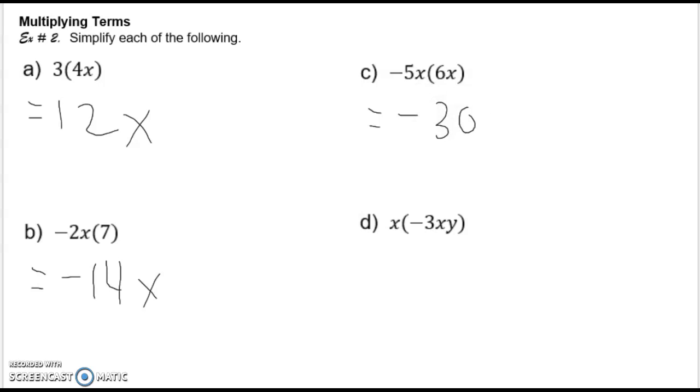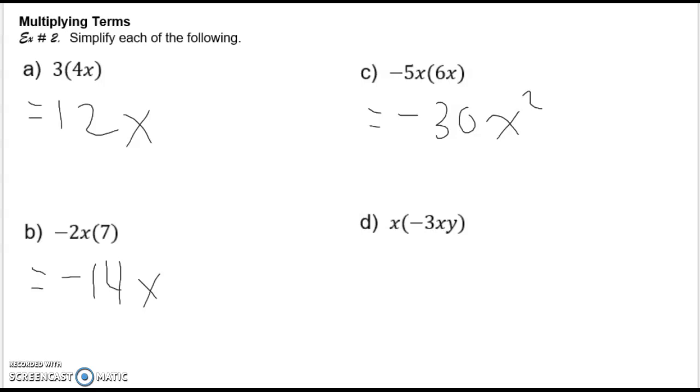Now we're going to multiply our x's together. We have an x here and an x here. So when you're multiplying variables with the same base, you add the exponents. We know it's going to be an x, but we have to add up how many we have. So we have 1 here and 1 there. So that means it's x squared. So negative 5x times 6x gives us negative 30x squared.